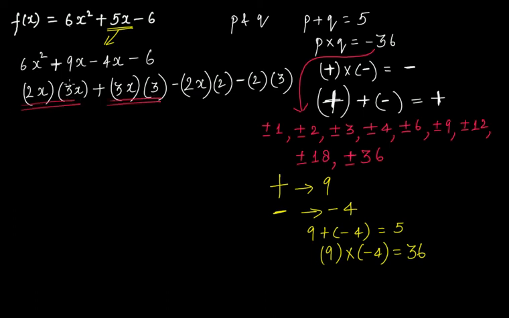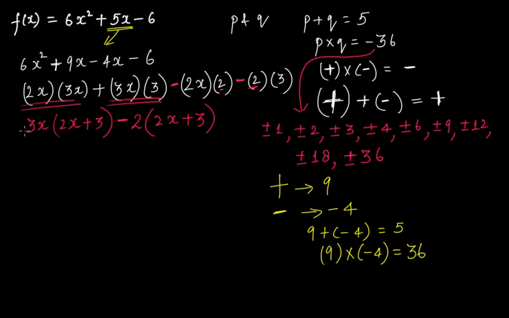Okay, now in these two terms, that is 2x multiplied by 3x and 3x multiplied by 3, 3x is common. Let's take this out of the bracket. So this is 2x plus 3. Here you have 2x plus 3, so we would like to have another 2x plus 3. How can we do this? This is minus, this is minus. Let's take out minus outside. Then you have this 2 here and this 2 here. Take 2 out. Then within the bracket you have 2x plus 3.